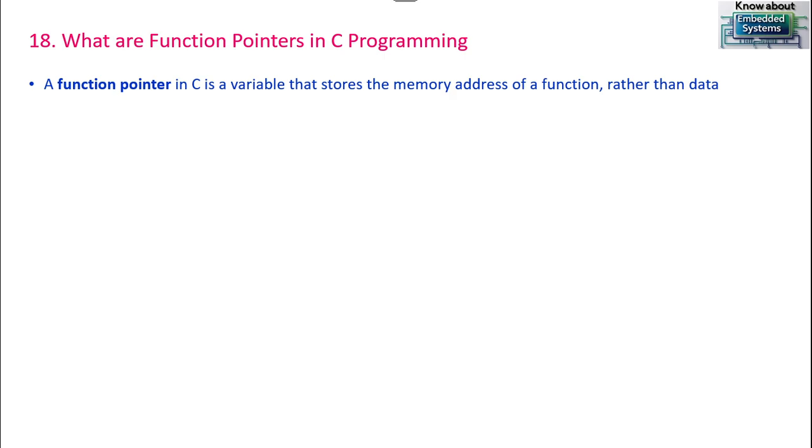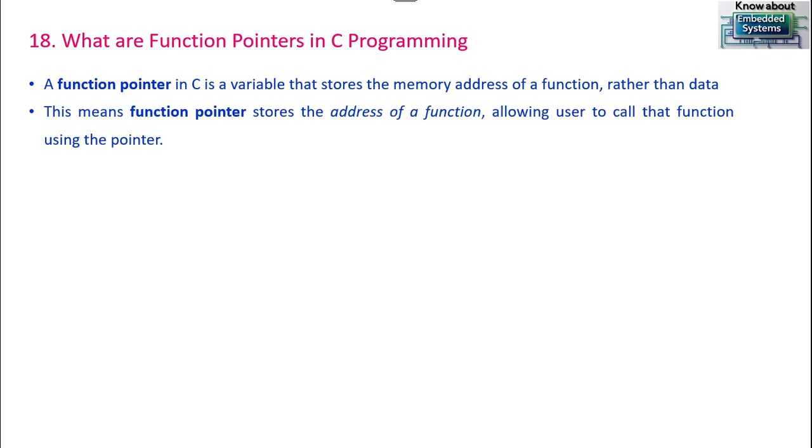A function pointer is basically a pointer which will point to the address of a function rather than data. If you see the definition, a function pointer is a pointer which will point to the address of your function. This is the first important thing you should know.